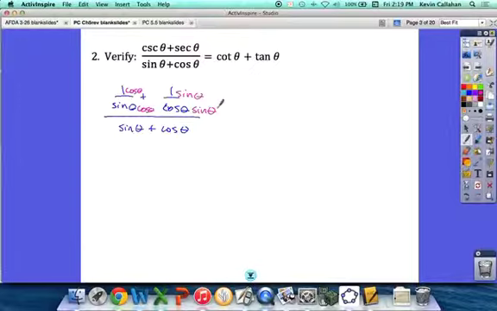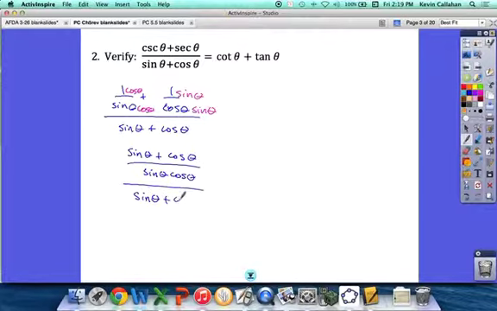So now we have the same denominator, sine theta cosine theta. And in the numerator, we have sine theta plus cosine theta. And then still in this denominator, we still have a sine theta plus cosine theta.